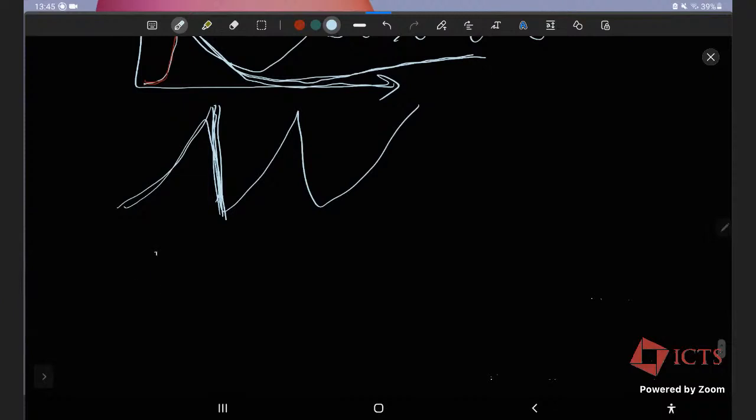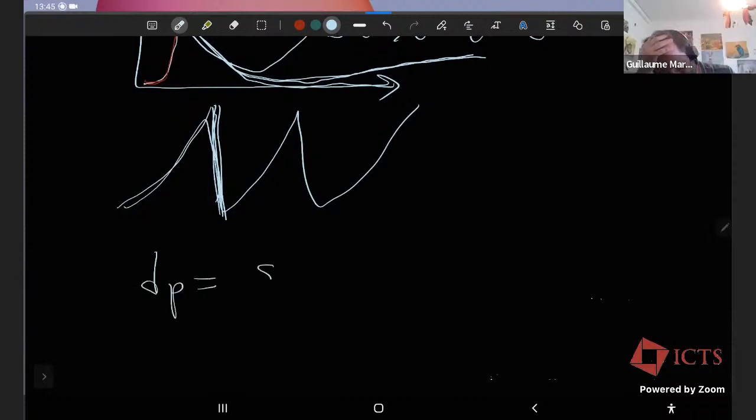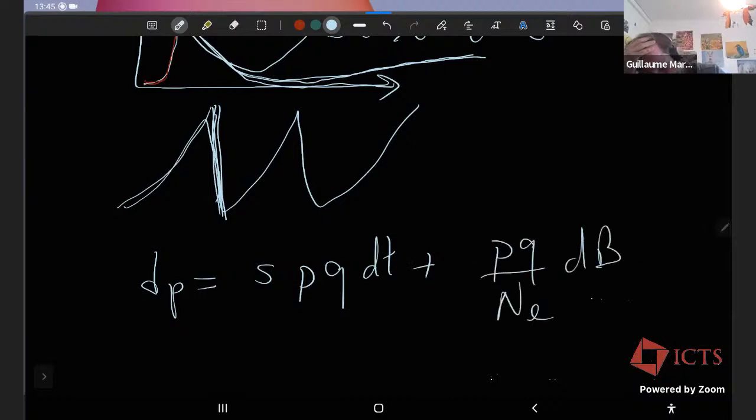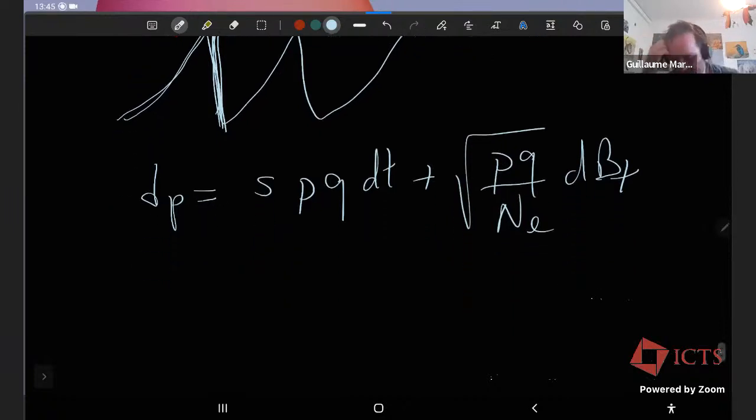You have dP equals sP Q dt plus the square root of PQ over N dB_t. That's the stochastic differential equation for diffusion, where you have these fixation probabilities.